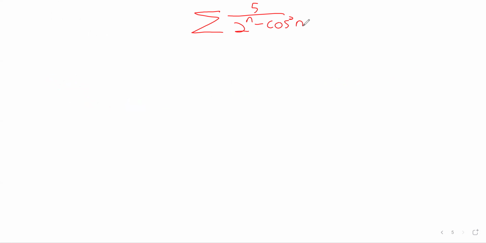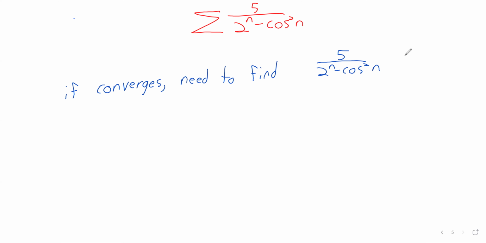Well, the series either converges or it diverges. If it converges, we need to find some other series B sub n such that B sub n also converges.